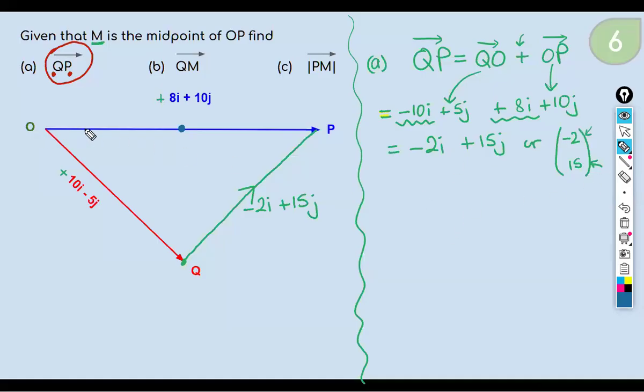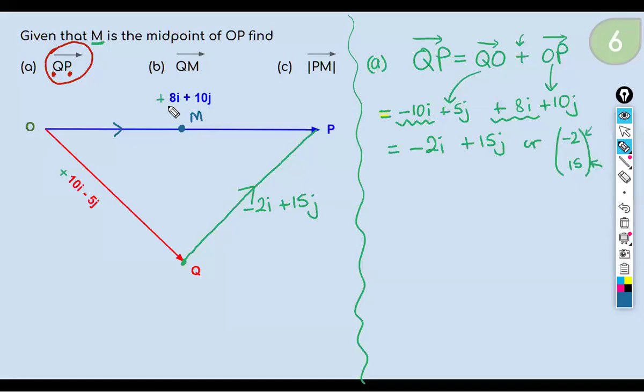So the whole line here from O to P is positive 8i plus 10j. If we are only going from O to M, halfway, in the same direction as the arrow pointing to the right, I'm not going to make any sign changes because I'm going with the arrow.